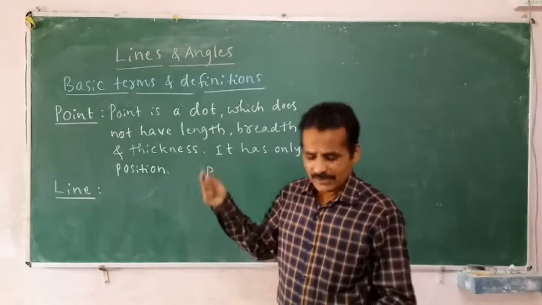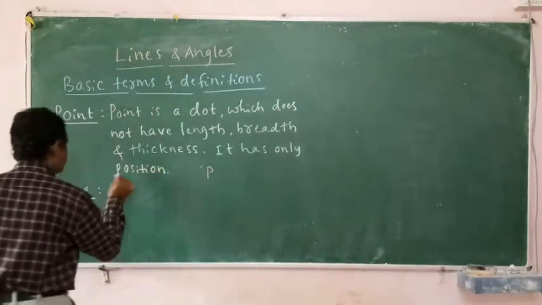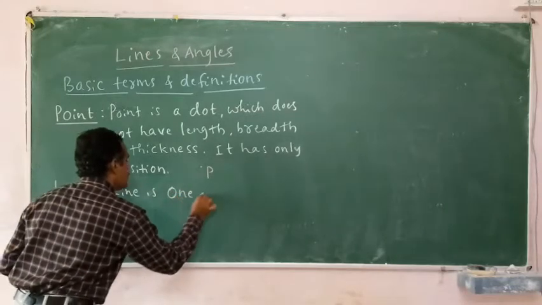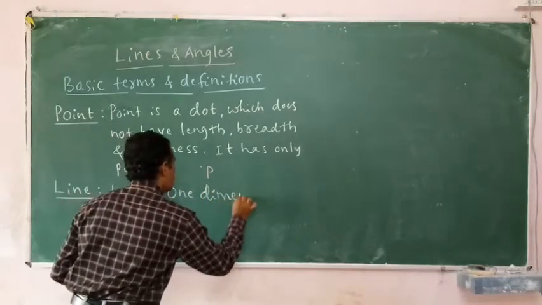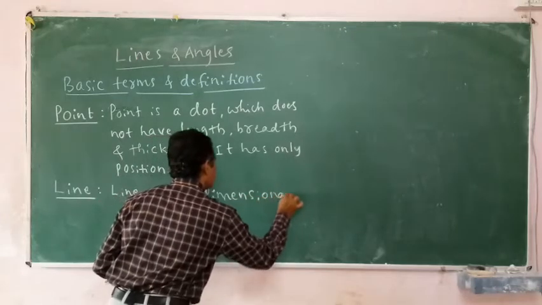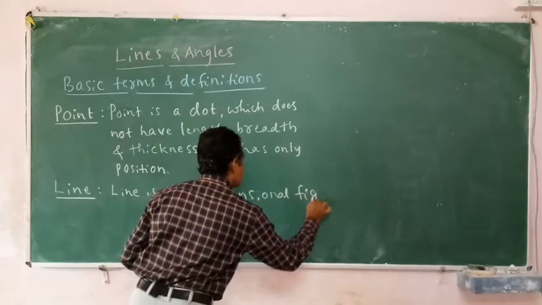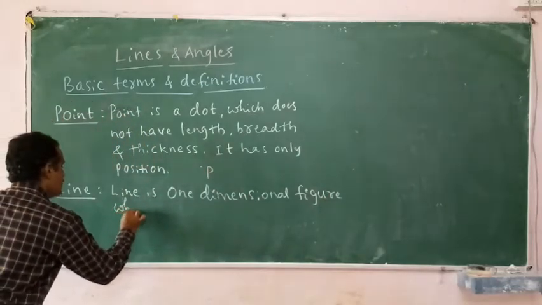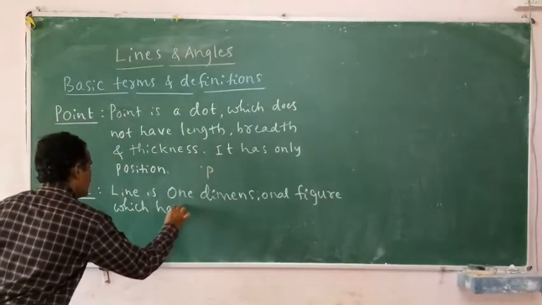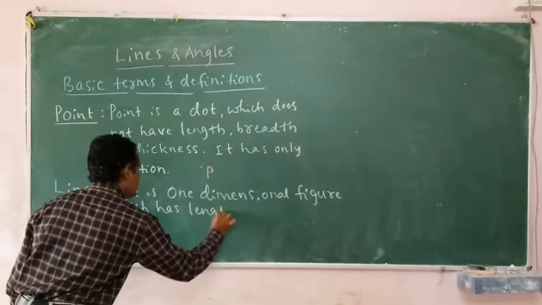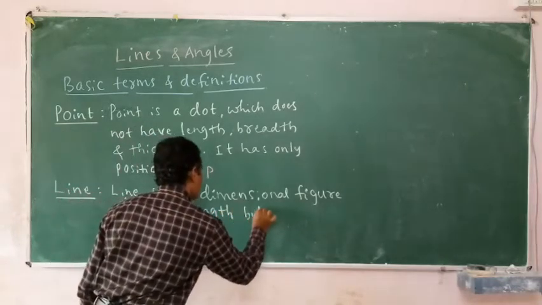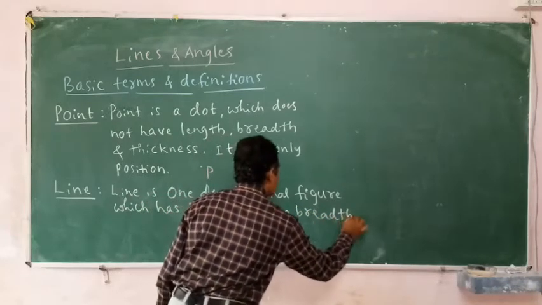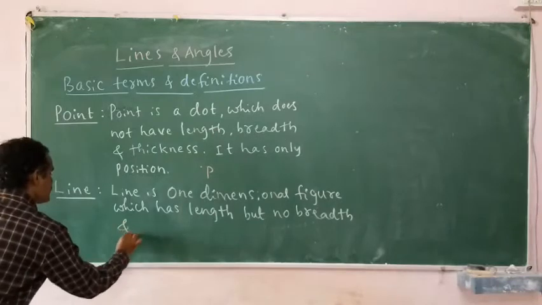This is about the line. I can write line is a one-dimensional figure which has length, but no breadth and thickness.